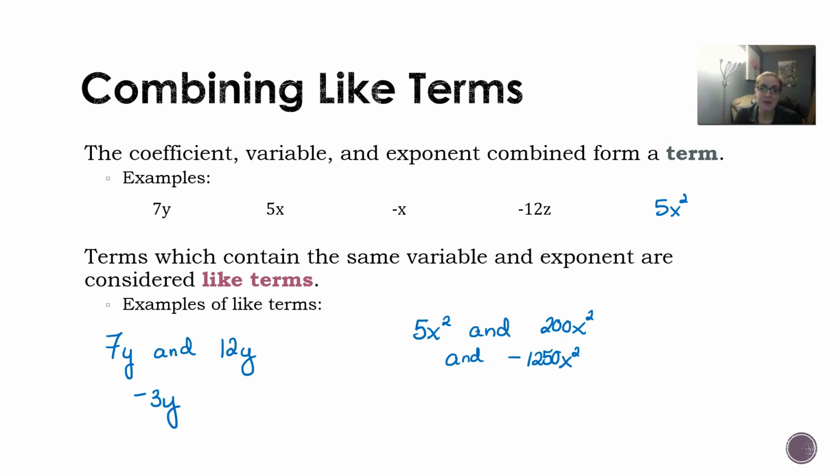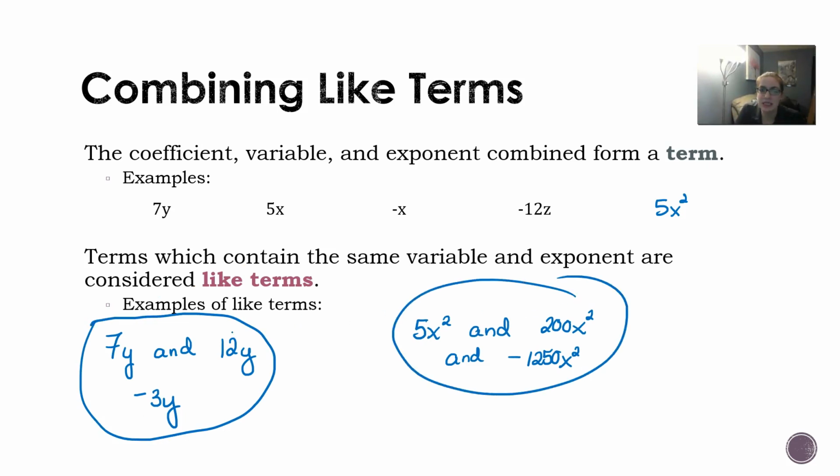Okay? Now, one extra thing, so these are all like terms and these are all like terms, but you can't go between those, okay? Something that's not a like term for 5x squared would be like 12x. That would not be a like term because there's no exponent here, so it doesn't match the like term requirements. Some other like terms are any constants by themselves.